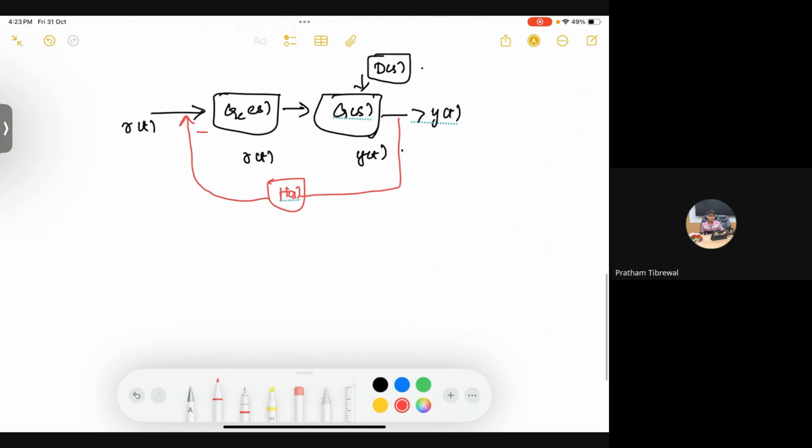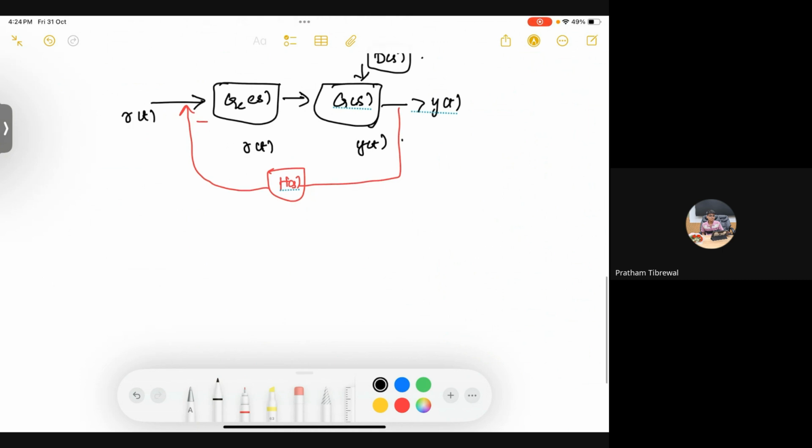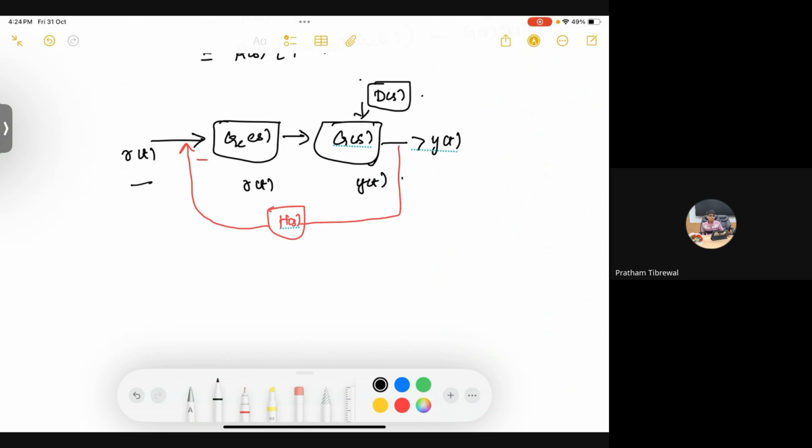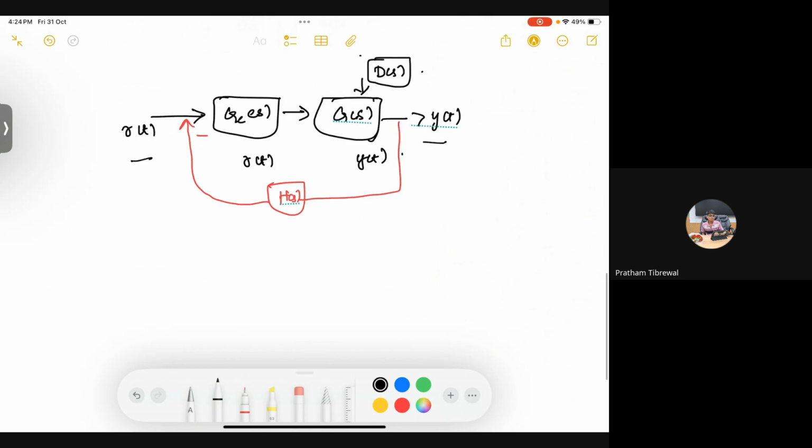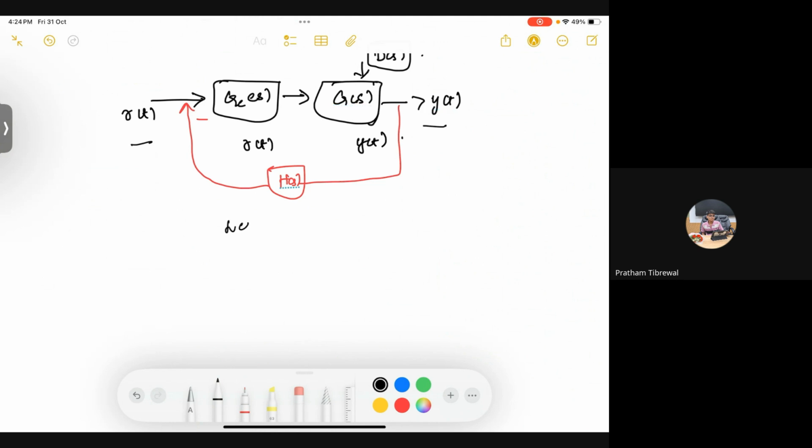So now defining the loop transfer function. Loop transfer function means the forward transfer function from here to here in a closed loop system. So L of s is equal to just G of s into GC of s, because in the forward path only these two transfer functions exist. In terms of the system and controller, it will be G of s into GC of s, as both are in a cascade representation.